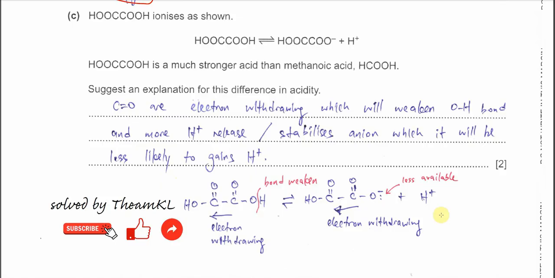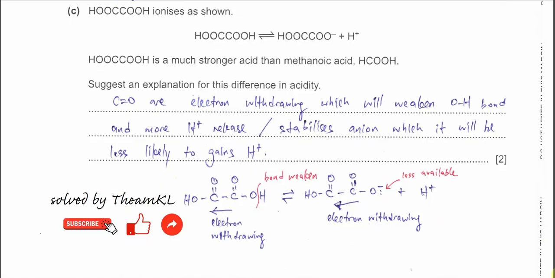Okay, part C. Now we have the same dicarboxylic acid, ethanedioic acid, ionizing as follows. This is just one ionization. And this dicarboxylic acid is much stronger than an ordinary carboxylic acid like methanoic acid. Why? First, you can focus on the carboxylic acid itself before it dissociates, and you must relate it to the electron withdrawing group.